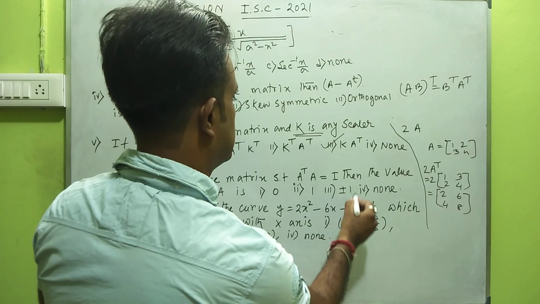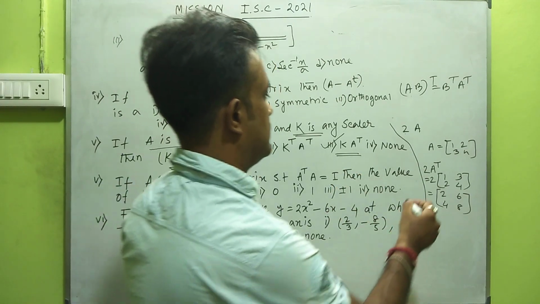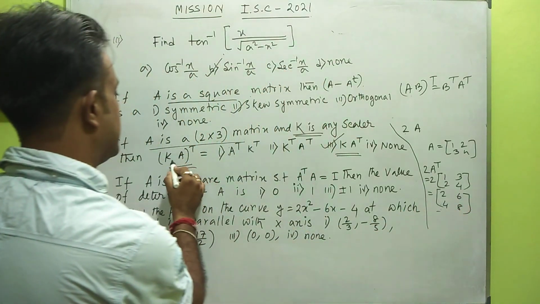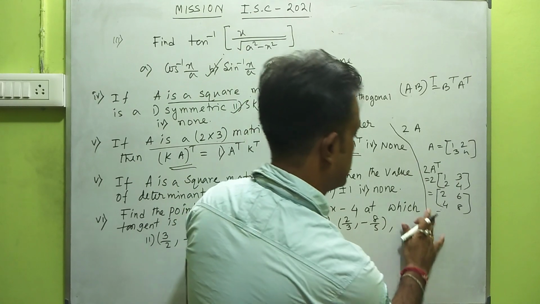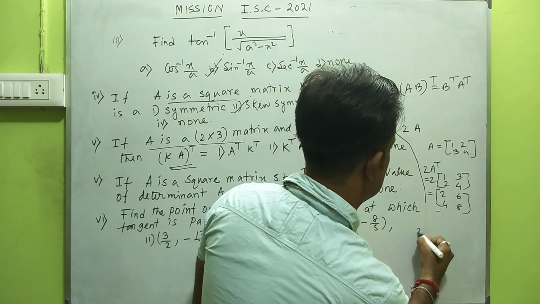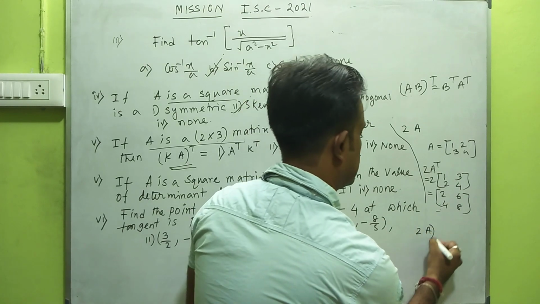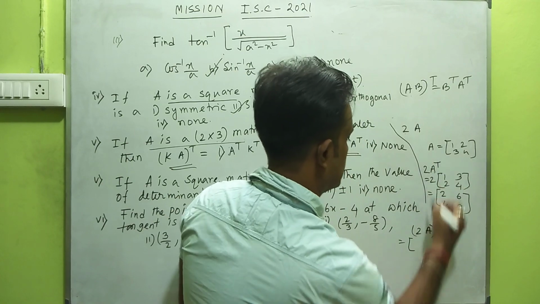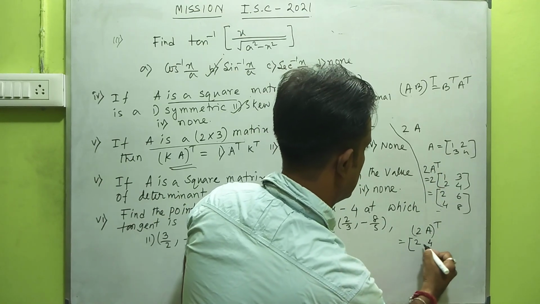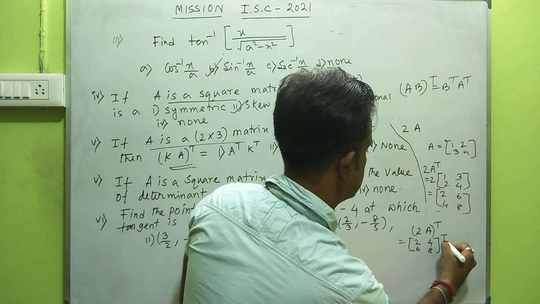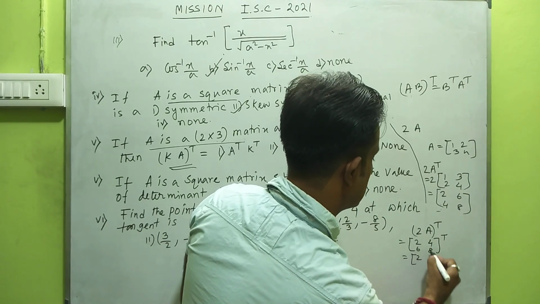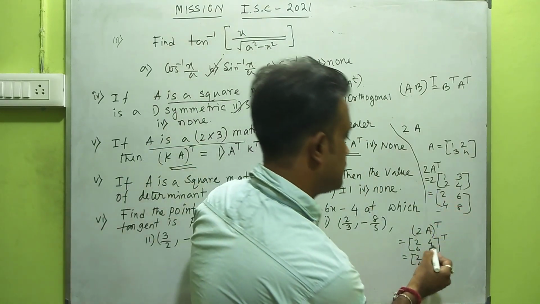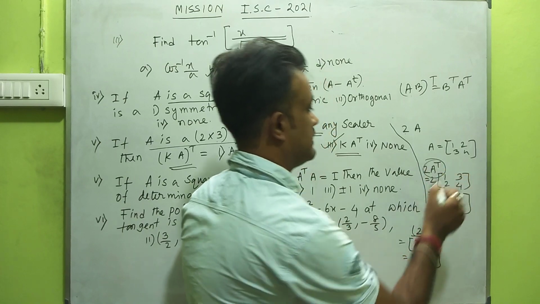And if we do 2A whole transpose, it gives you 2, 4, 6, 8 transpose, that is 2, 6, 4, 8. So it is very clear that 2A transpose is equal to 2 into A whole transpose.